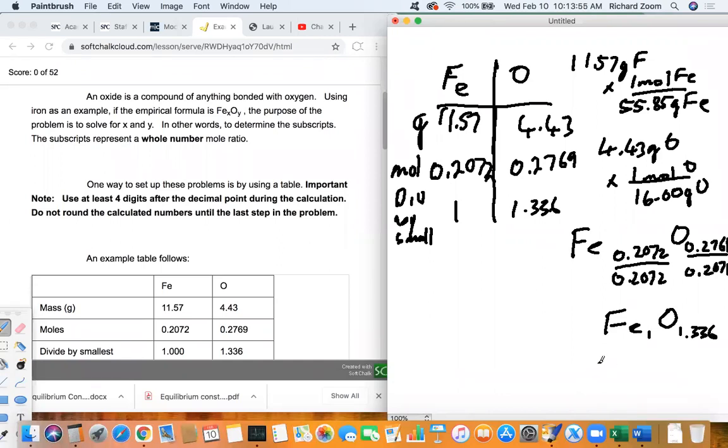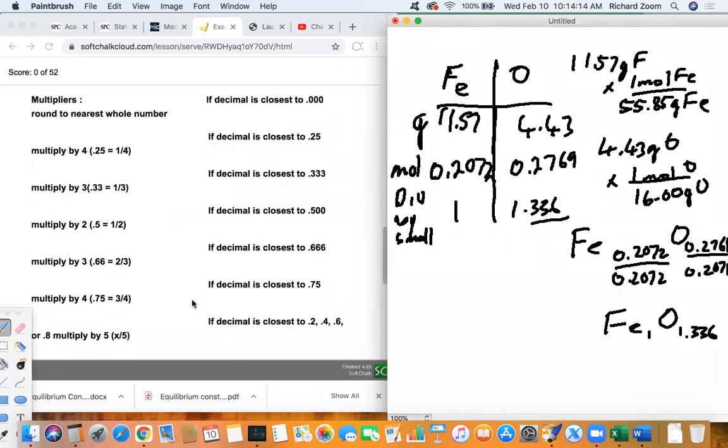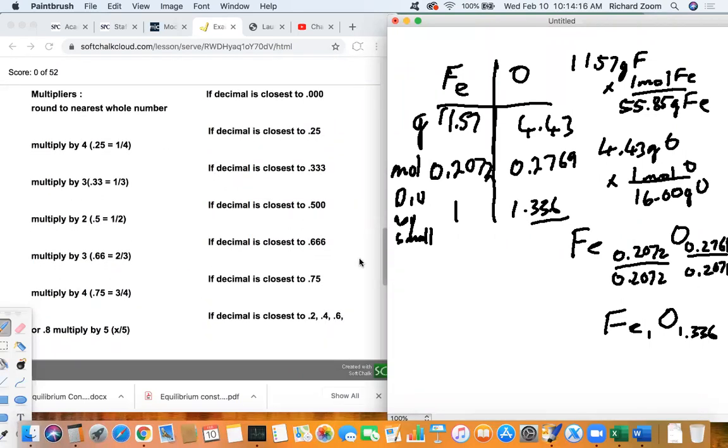Now, I can't just round this. What I've got to do is look at the decimal here and figure out what kind of fraction that looks like. Then I can multiply both of these by that number to get rid of the fraction. So down here, I've got these multipliers.